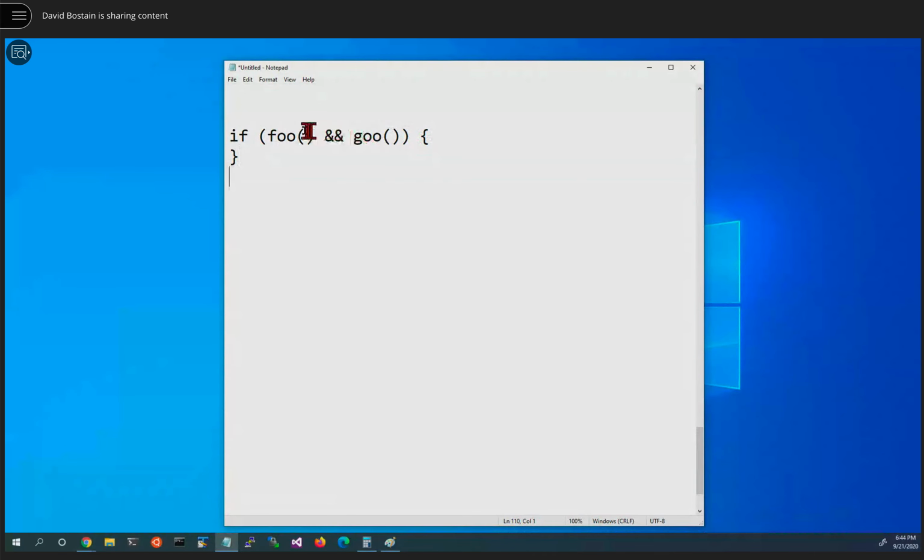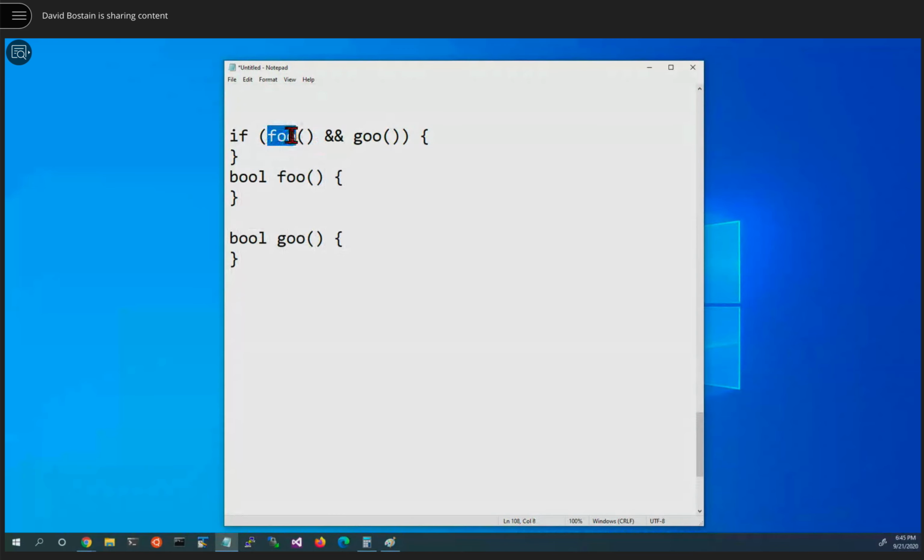Well, this function returns a Boolean. Let me just mock one out here. Pretend it returns a bool. Don't know what language we're in, doesn't matter. Then it's going to return either a true or false, and goo does the same. We don't even care how it got its answer.